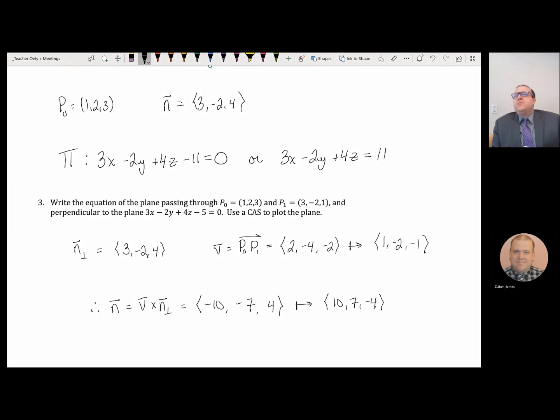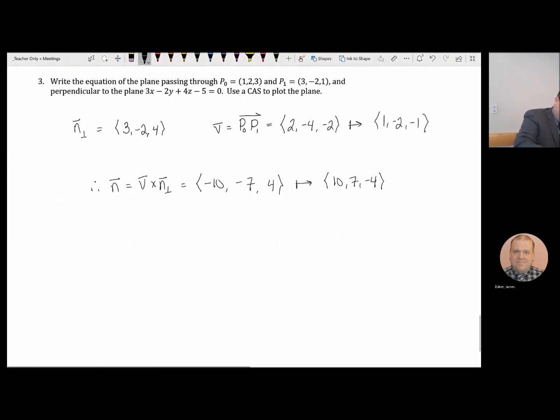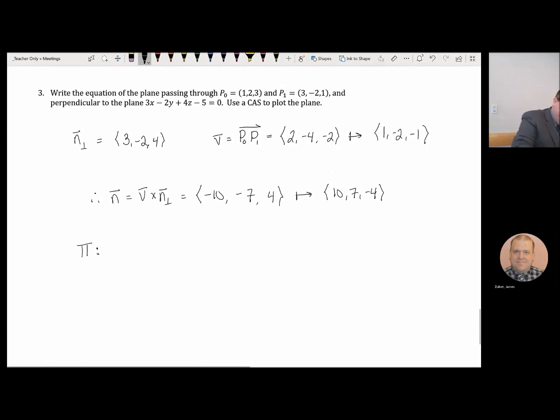Still perpendicular, right? All I did was rotate it by pi radians. So our plane would have equation 10x plus 7y minus 4z.